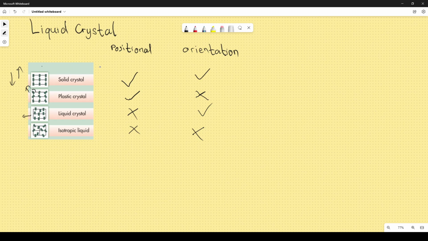While in liquids, the molecules do not have any positional or directional order, so the direction the molecules are pointing and their positions are not in order, or completely random. So that's why we call them isotropic. Or in other words, we know them as the mesomorphous state.